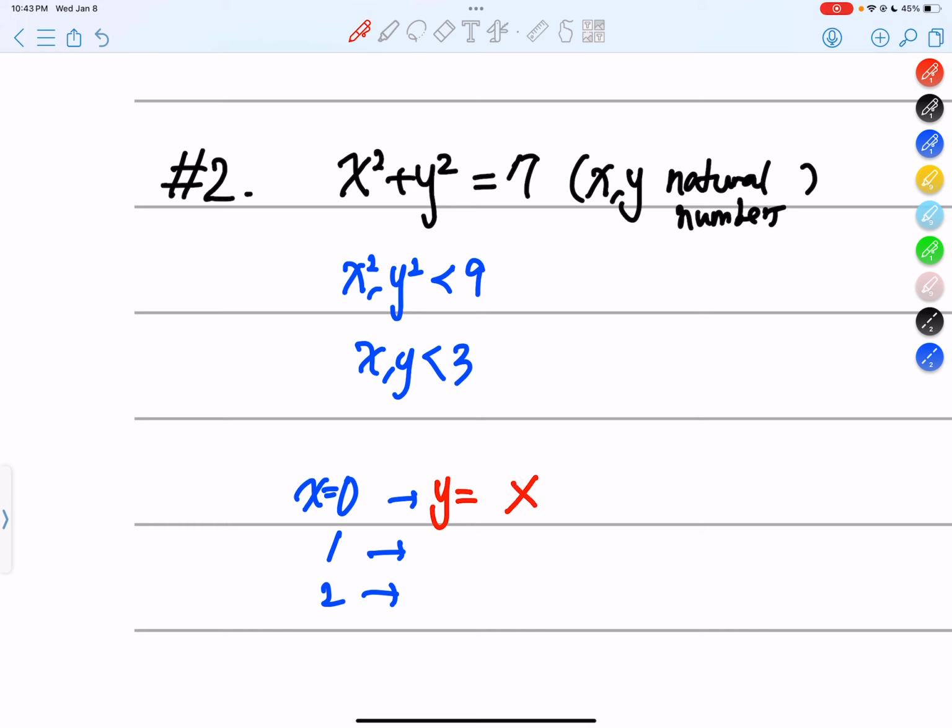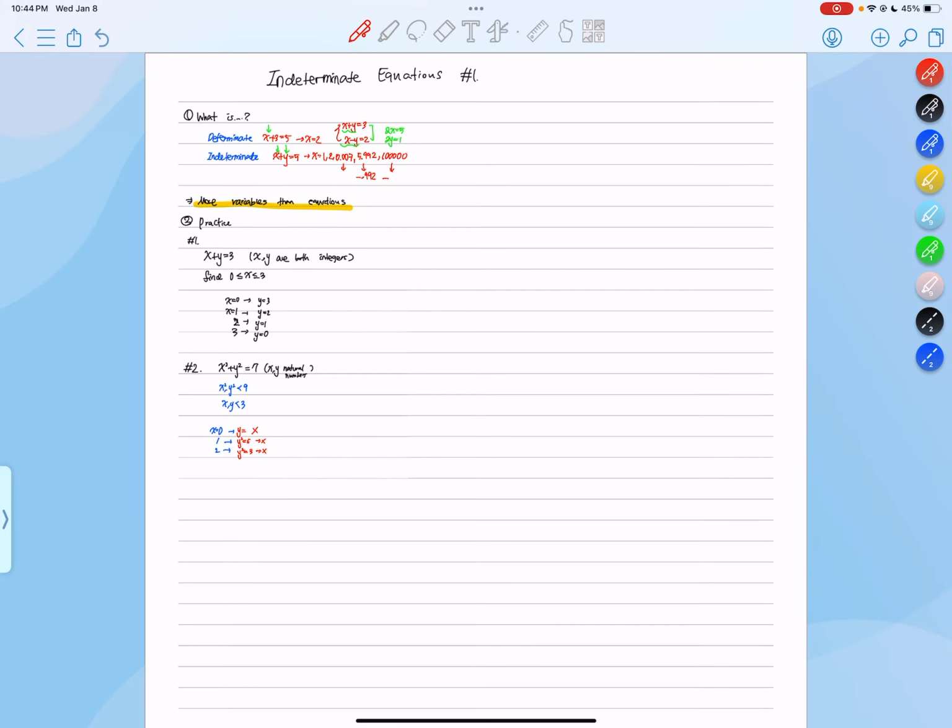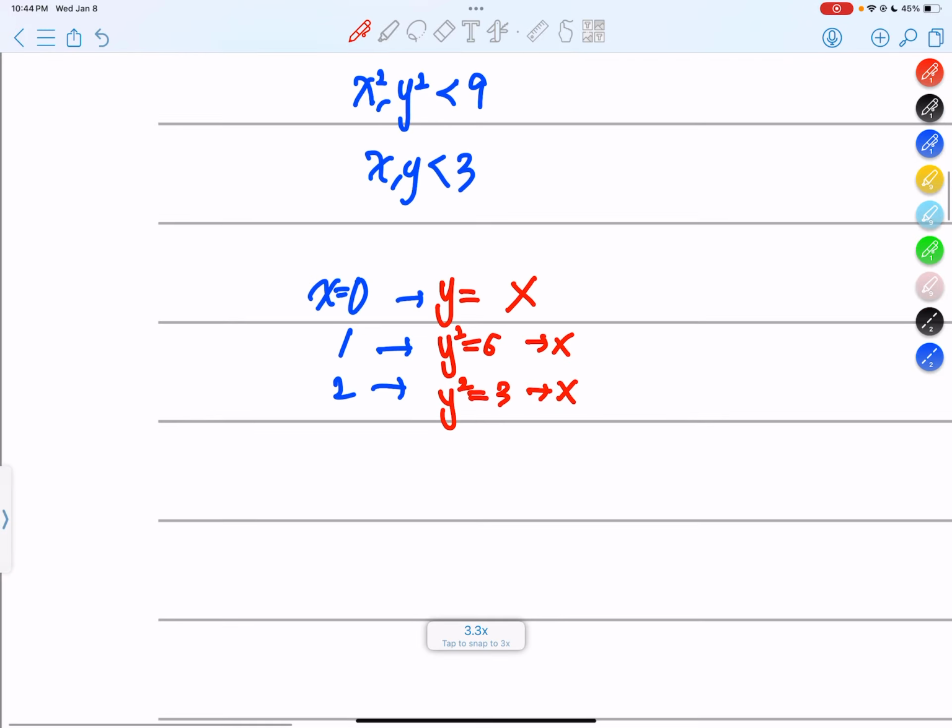If x squared is 1, then that does not exist either because y squared has to be 6. And if x is 2, that also cannot exist because y squared has to be 3. And so none of these actually stand. Okay, that's not good.